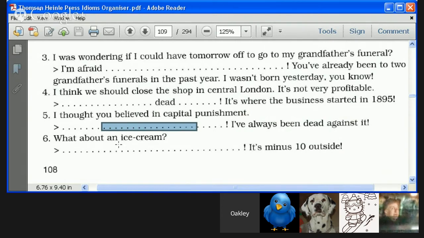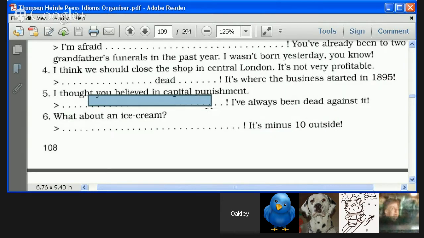Yeah, that's a better fit for number 6, Ken. A better fit for 5, although the other answer was possible, would be on the contrary. So this is common. On the contrary is used when somebody tells you what your opinion is, but they're 180 degrees wrong. So that's the common use.